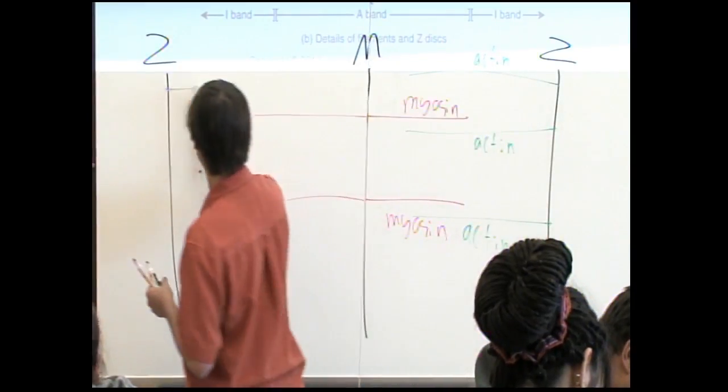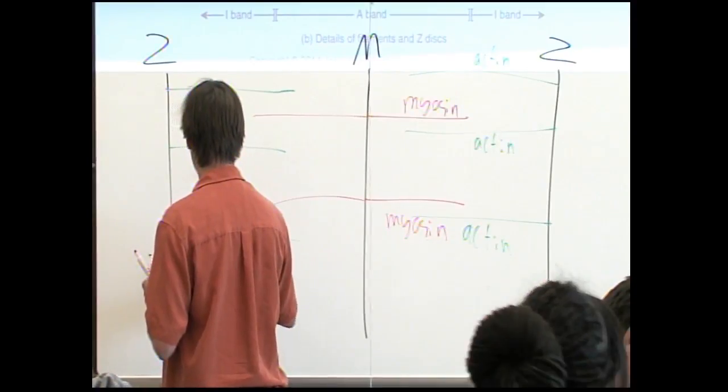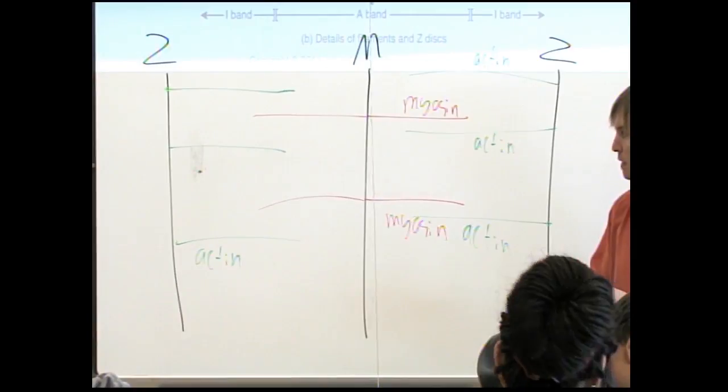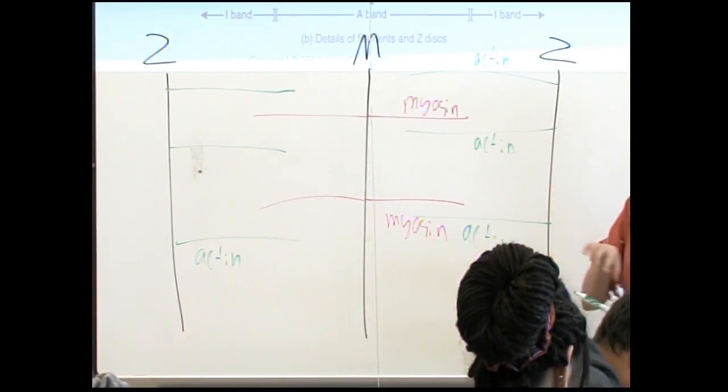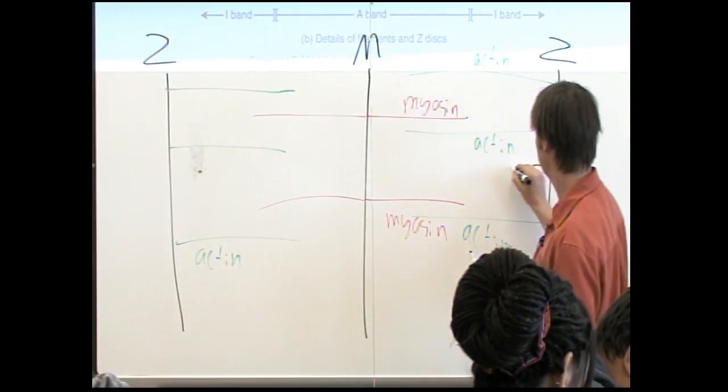Same thing on the other side. And then our titin comes from the Z to the M. You draw however you want.